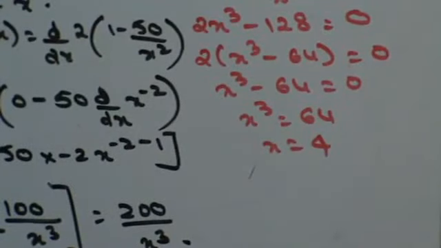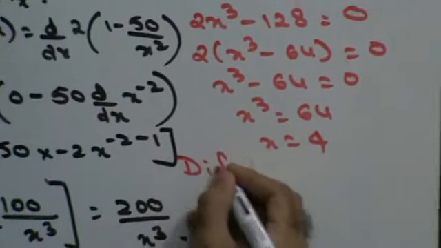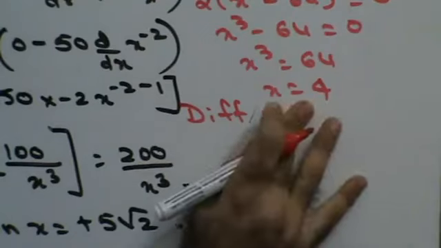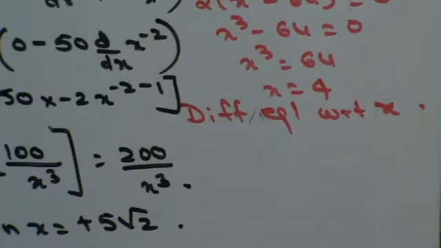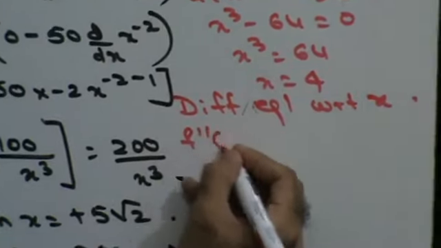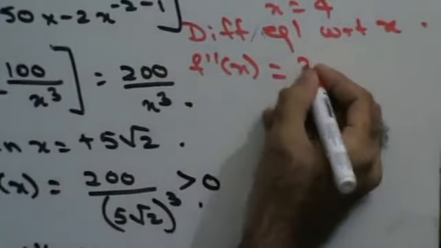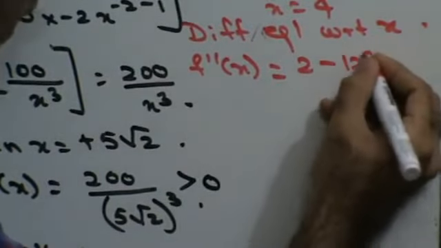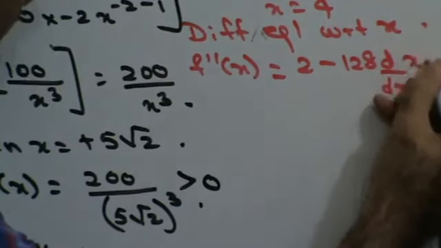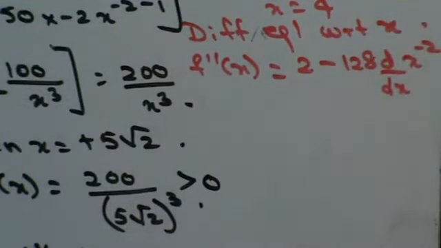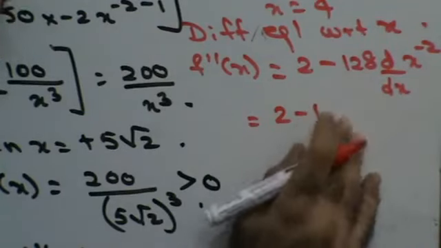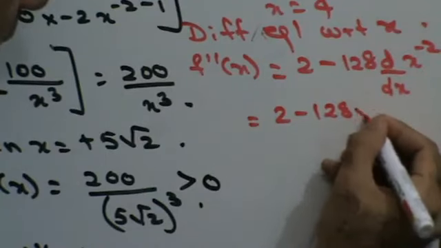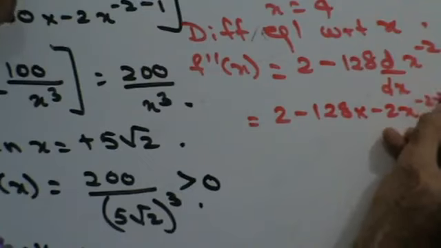Right? Now, your f bar of x, I'm going to call that equation 1. So I'll differentiate equation 1 with respect to x. If I differentiate equation 1 with respect to x, I'll get f double bar of x as 2 minus 128 d by dx of x raised to minus 2 again. So this is going to be 2 minus 128, and d by dx of x raised to n is n x raised to n minus 1.